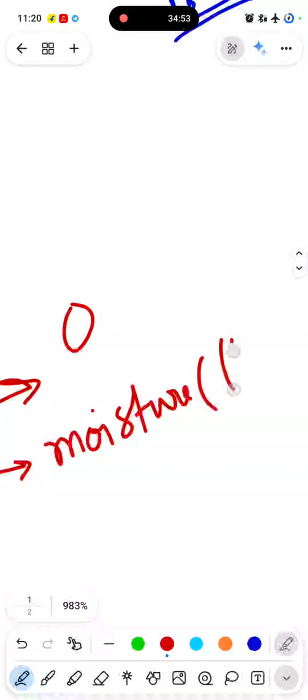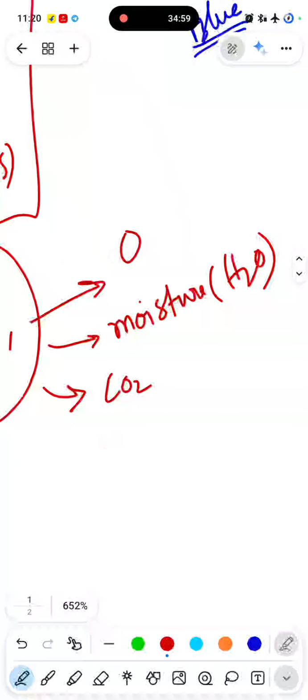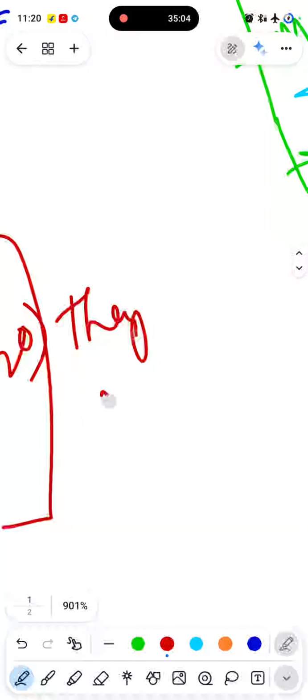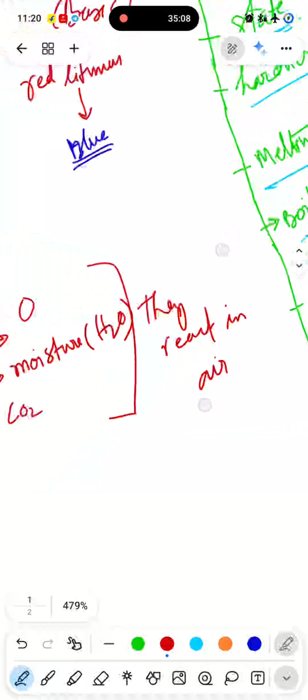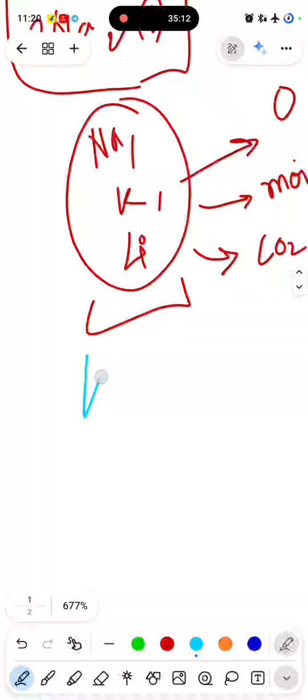Moisture means water vapors. Then carbon dioxide in air. So they react in air, and hence they are stored in kerosene oil.